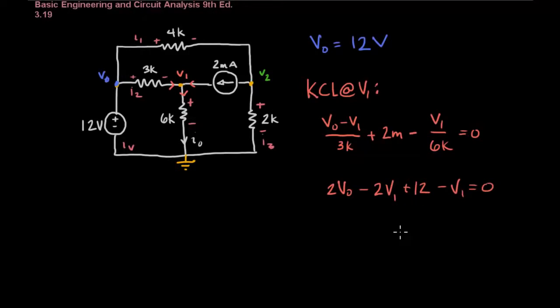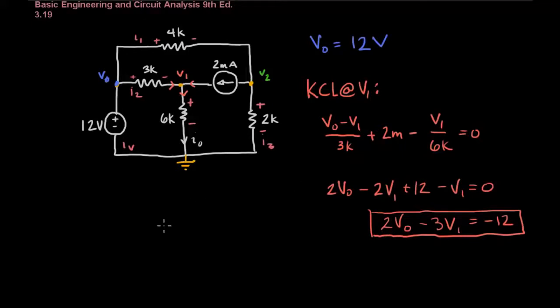Now let's combine our terms and simplify. 2V0 minus 3V1 is equal to negative 12. Okay, and that is our first standard form KCL equation.